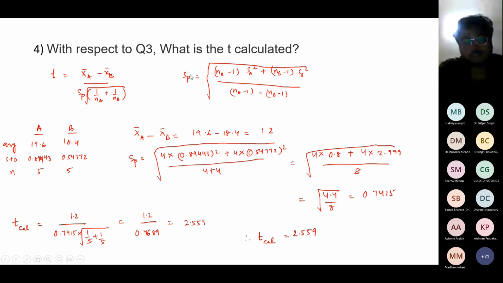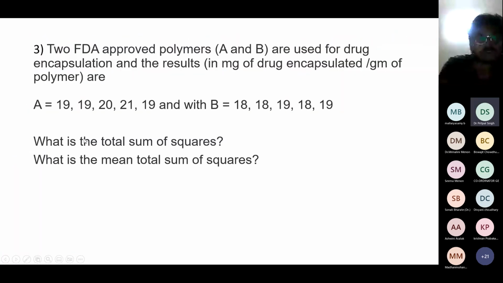The pooled standard deviation is given by this formula. We know that for A the average is 19.6 and for B it's 18.4. We just summed all of these values and divided by 5 in each case.